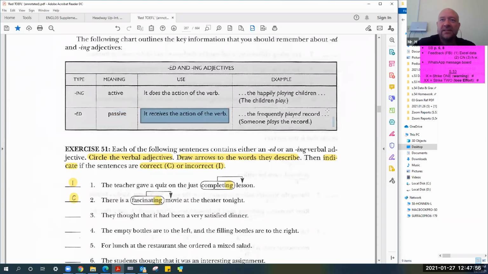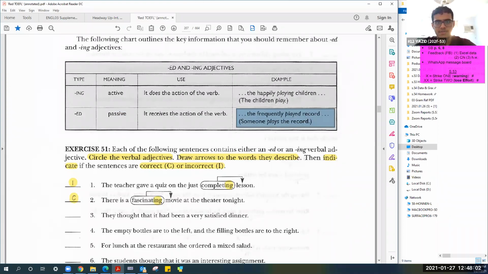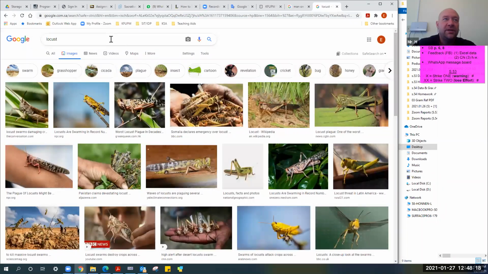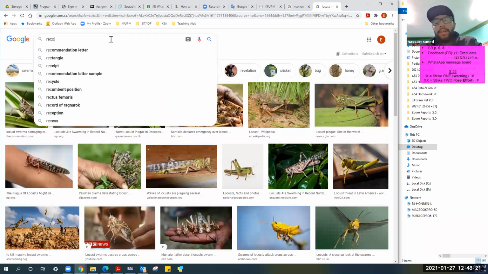Yazid, do the example. The frequently played record. Do you know what that is? Do you know the meaning of record? I bet none of you know what a record is, do you? It's not a list.